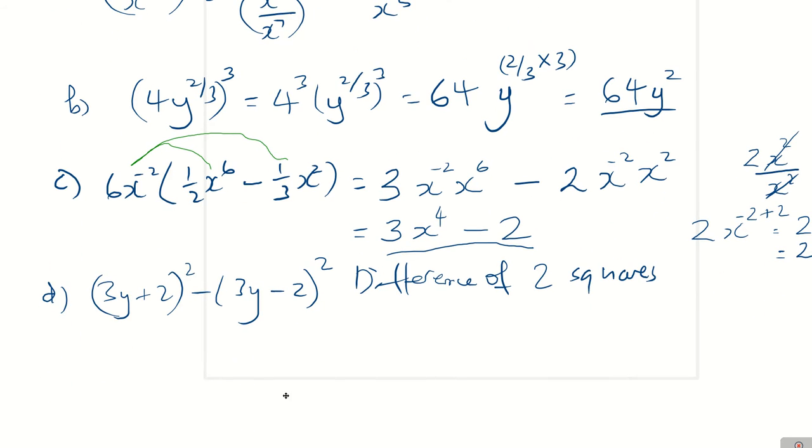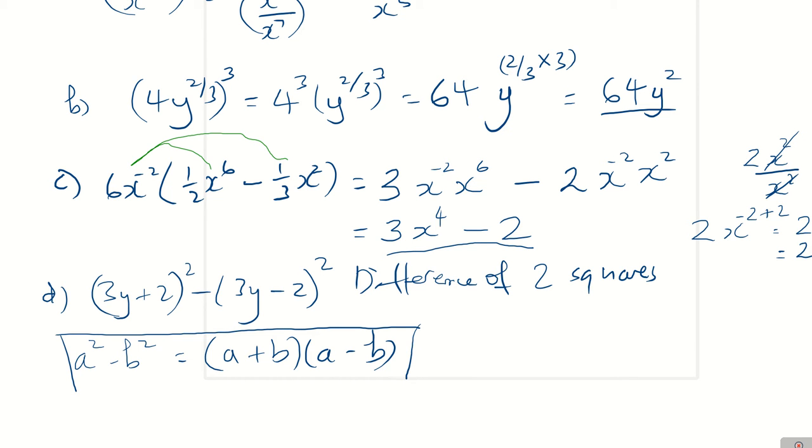in general, where you've got two squares, let's just call them A and B, the general rule for that is that it's the same as A plus B times A minus B. That's the general rule for dealing with a situation where you've got the difference of two squares.